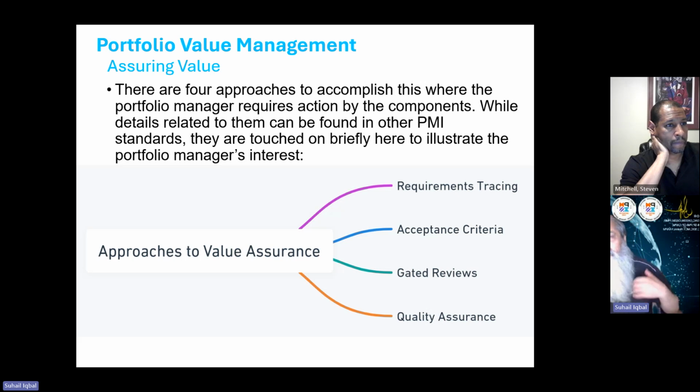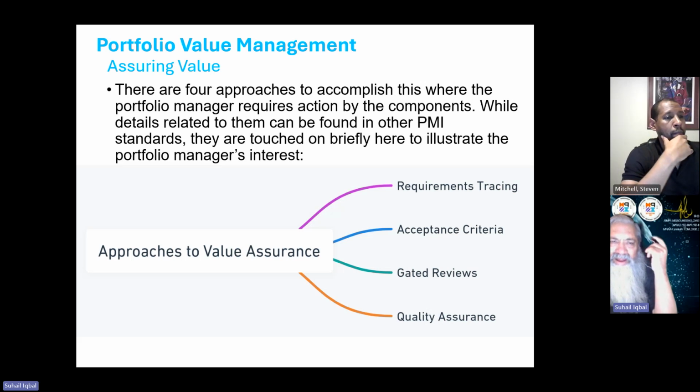For example, at the project level, there is a similar concept where we say, what did we call it? Probably phase gates. Do you remember the idea of phase gates? Yeah. This is exactly like that. Phase gate is kind of a check.